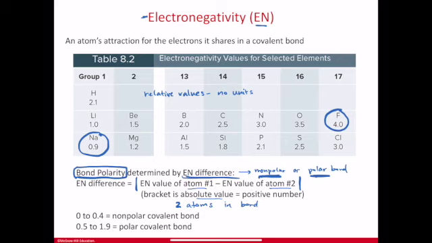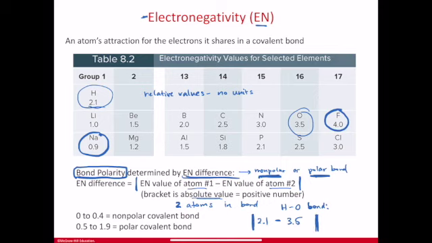So for example, if I do the hydrogen-oxygen bond, I take the value for hydrogen and oxygen and subtract them within this bracket, which is the absolute value. I take the hydrogen value, which is 2.1, minus the oxygen value, 3.5.